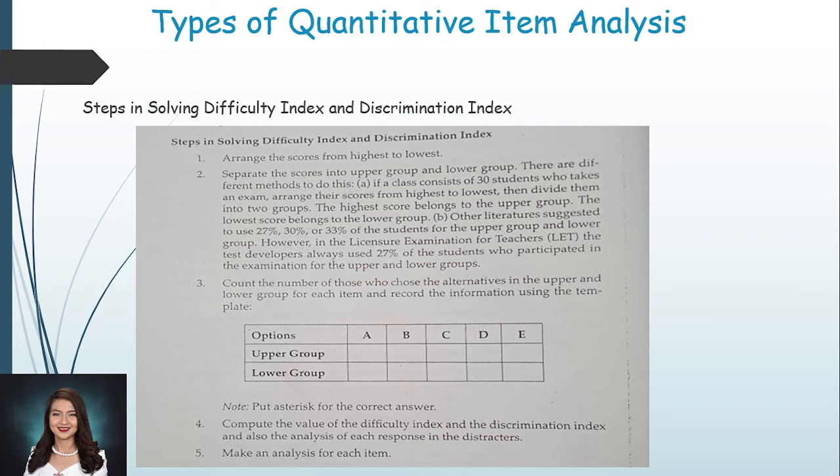You can have three columns: the options, the upper group, and the lower group. Put an asterisk for the correct answer. Next, compute the value of the difficulty index and the discrimination index, and also analyze each response in the distractors. Make an analysis for each item.